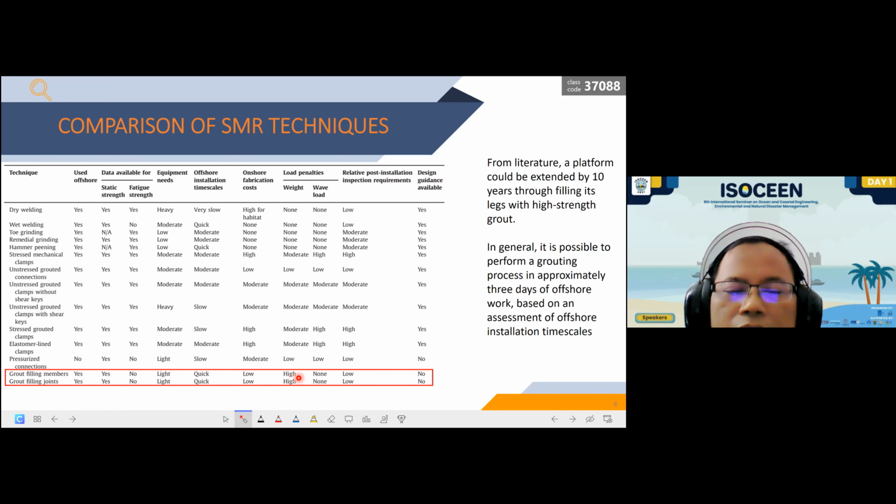The last one is that load does not affect this method, because grout is injected into the damaged structures.